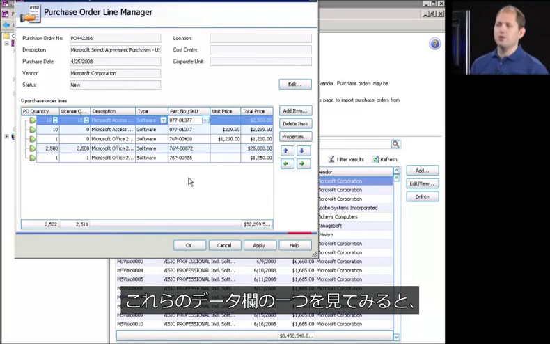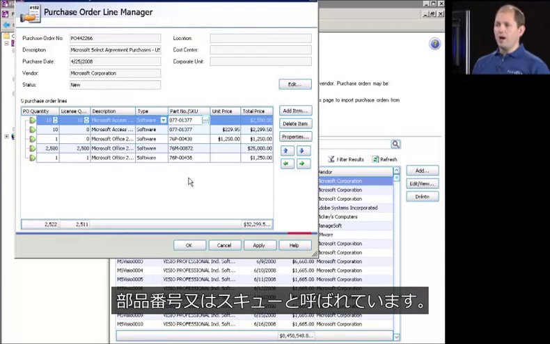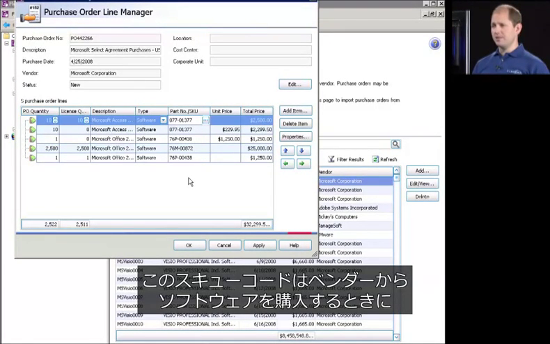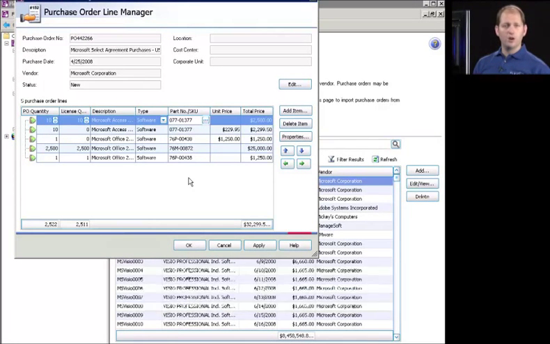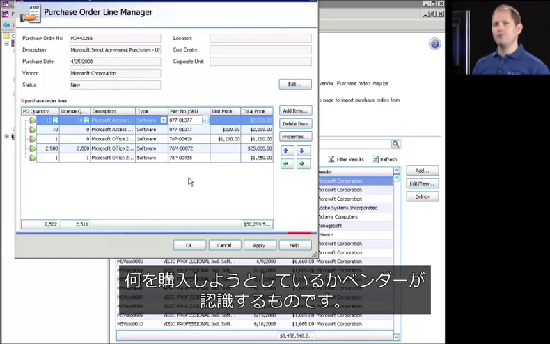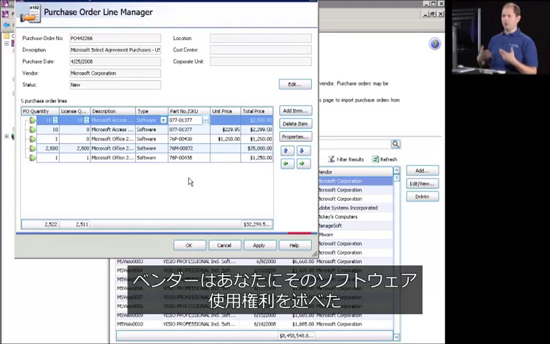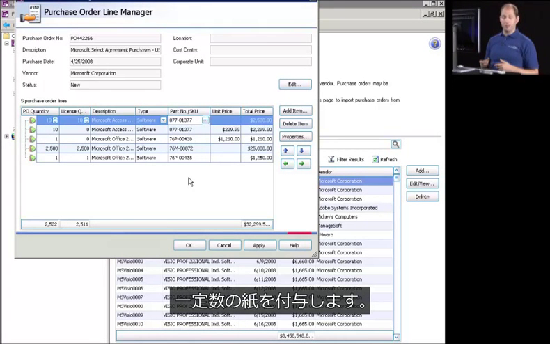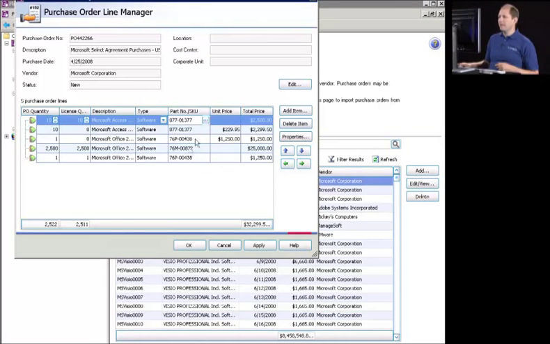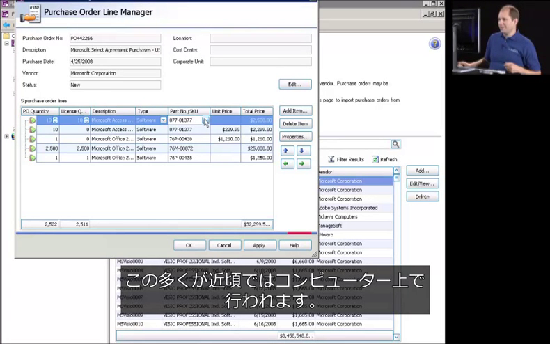If we look at one of these columns of data, it's called the part number, or SKU. Now this SKU code is like a recognition of the vendor of what you're trying to buy when you buy software from them. So you give the vendor a SKU code and they'll give you a certain number of pieces of paper that say that you have the right to use that software. And most of this happens electronically these days.